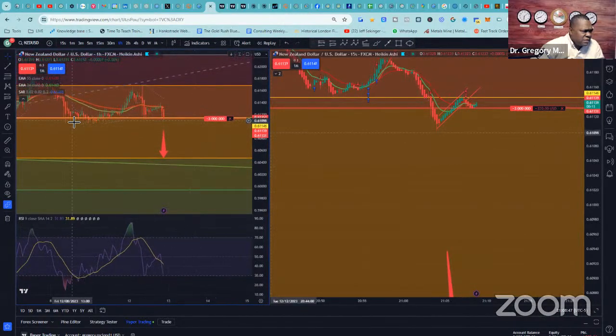The key is with multiple tags of this line, will we be able to close and continue? That's the question.